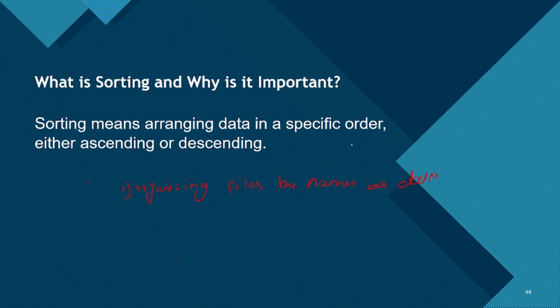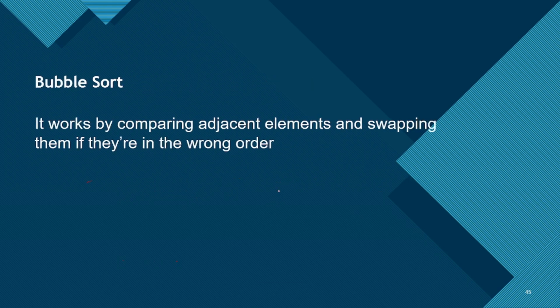The next one is sorting numbers for statistical analysis, and the third one is speeding up search optimization. Sorting is the foundation for many advanced algorithms, making it a must-know concept for every programmer.